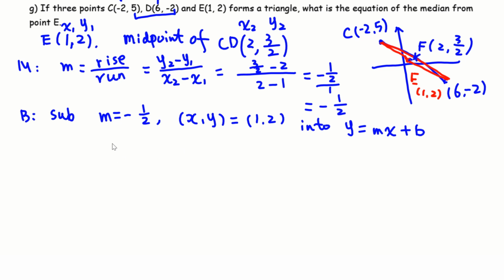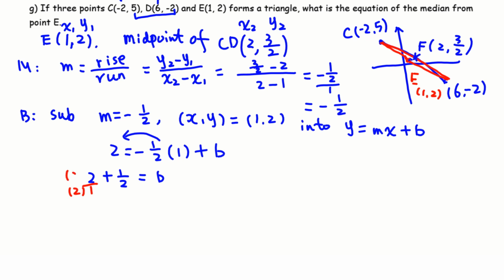So y is 2, m is negative 1 over 2, then 1, plus b. Multiplying together we have negative 1 over 2, then moving to the other side it will be plus 1 over 2 equals b. Change it to the same denominator: multiply 1 by 2 over 2. You will have 2 over 2 plus 1 over 2, so 2 plus 1, then over the same denominator 2.